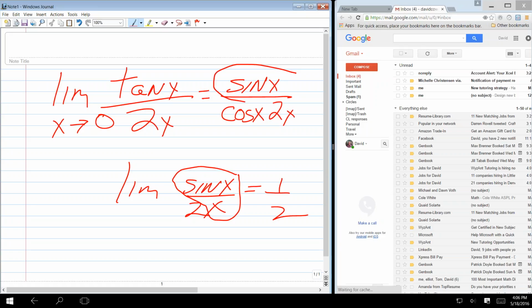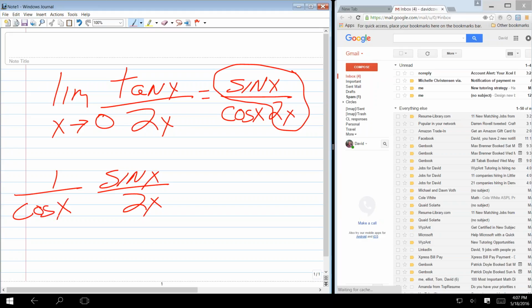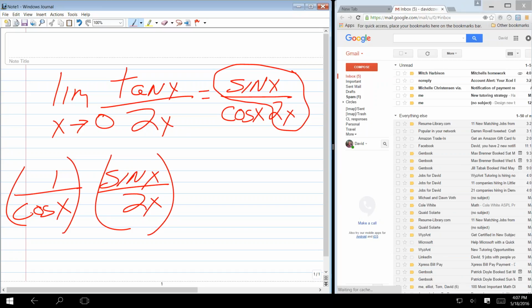So we know that limit is 1/2, and we can separate this thing into sine x over 2x times 1 over cosine of x. That's the same as what we started with, correct? Yeah. What's the limit of 1 over cosine x as x goes to 0? Isn't that 1? Yeah, because this one goes to 1.